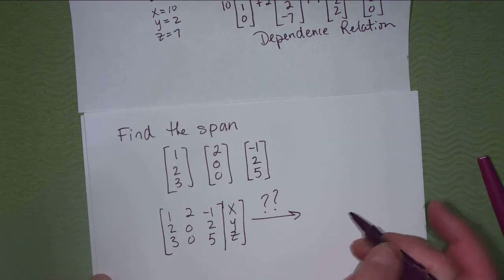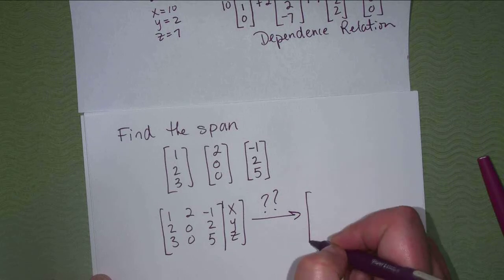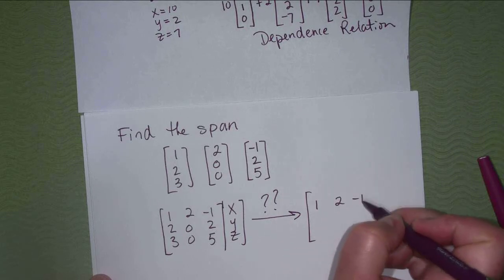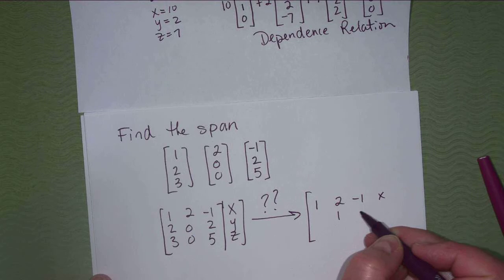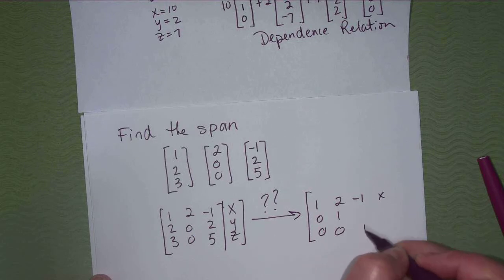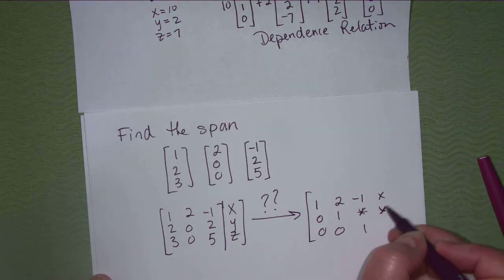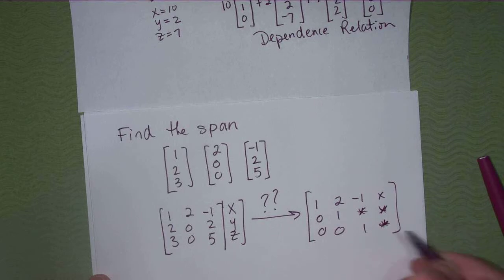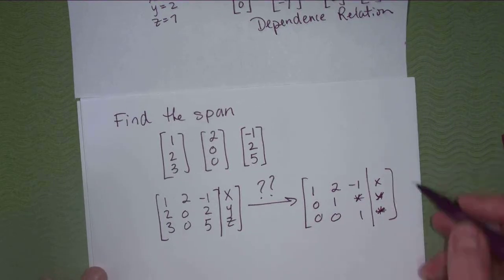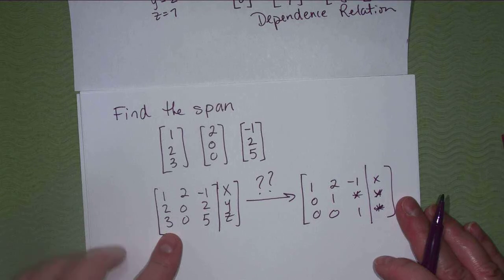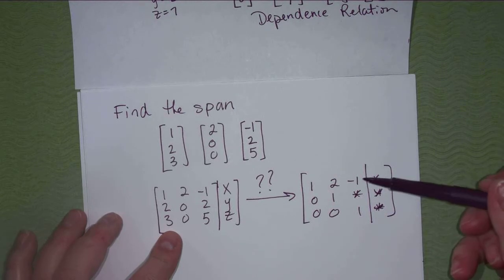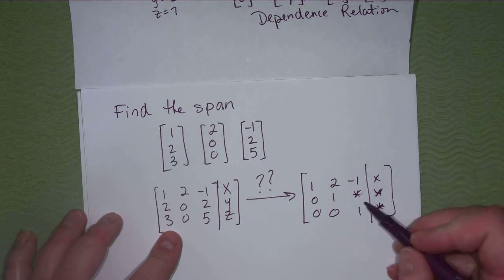It might have a span, but say we get a 1 here, and we get a 1 here, so these could be anything. Say we end up with this. I didn't change row 1, and it's probably going to be something weird here, but say I get this, and these little stars just mean they could be anything.